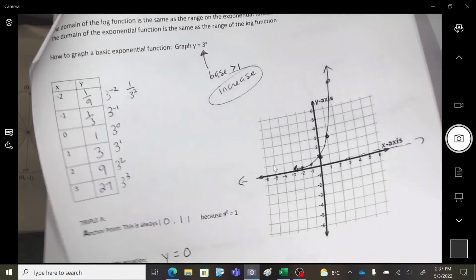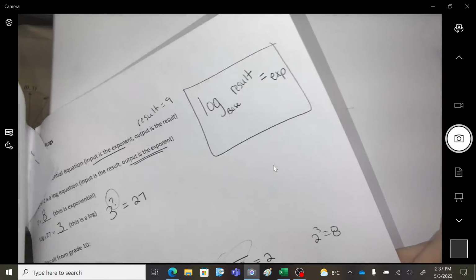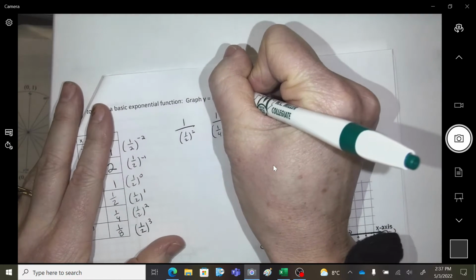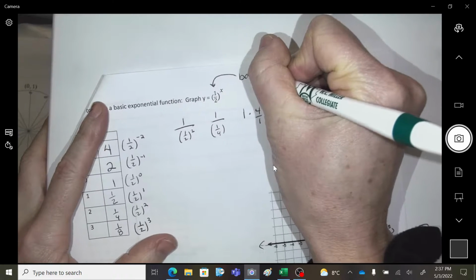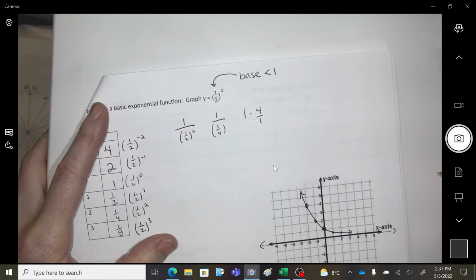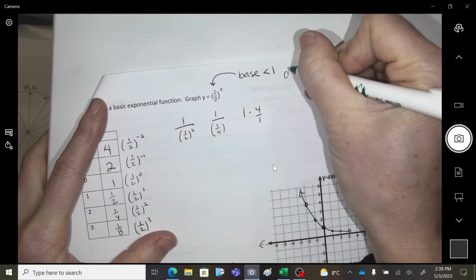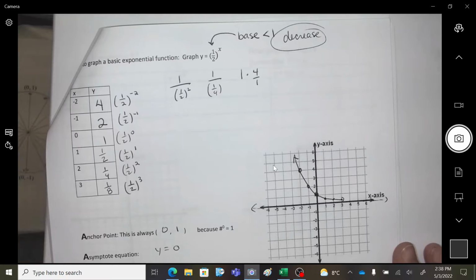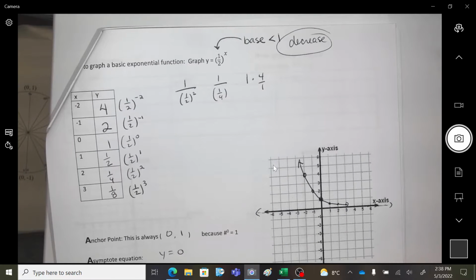And then the second graph we drew, look at my base. What am I going to write here? If the base is less than 1, I'm going to decrease. So that's a little bit of a rule.